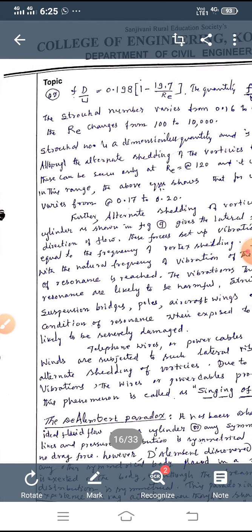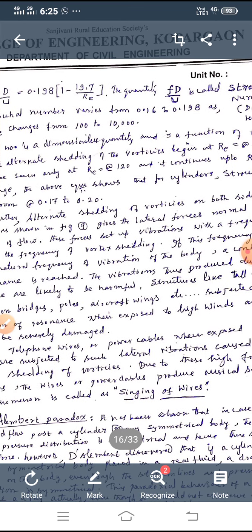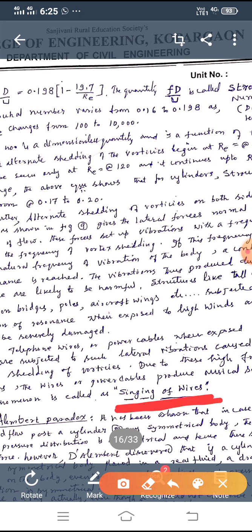Also we can see that these alternate shedding of vortices will cause vibrations which can be equated to natural resonance. That is why we will come across one more term here, singing of wires. Singing of wires means you might have experienced when you are moving in the area where transformers are set up or established with huge power cables, telephone cables, etc. You must have listened to some musical sound.